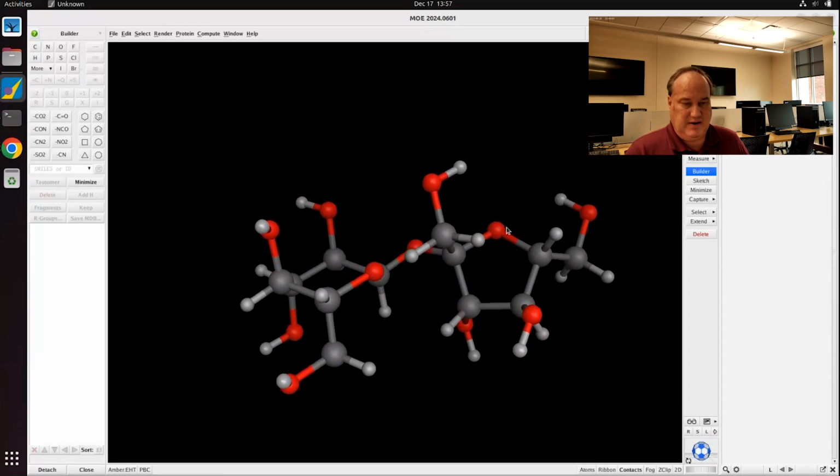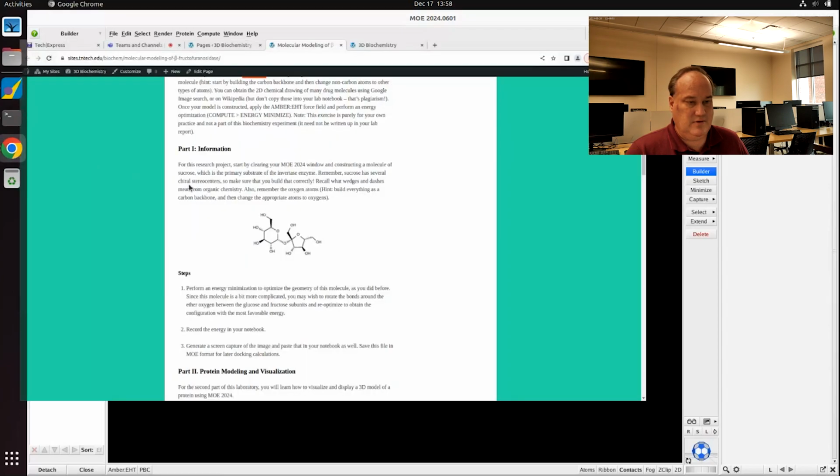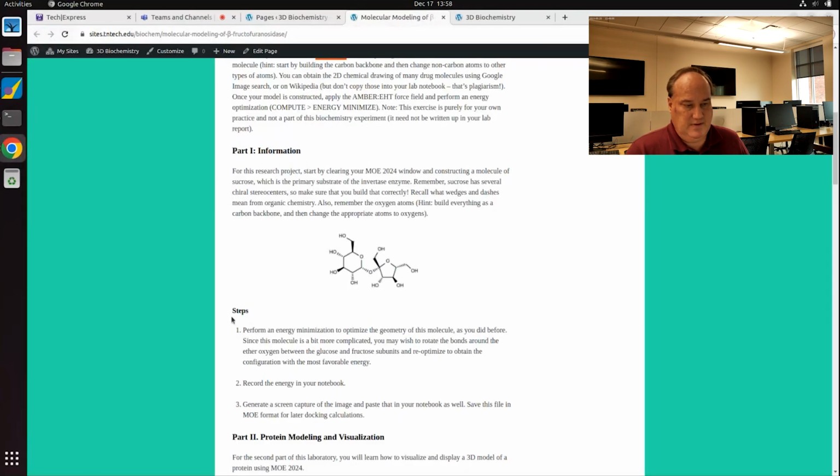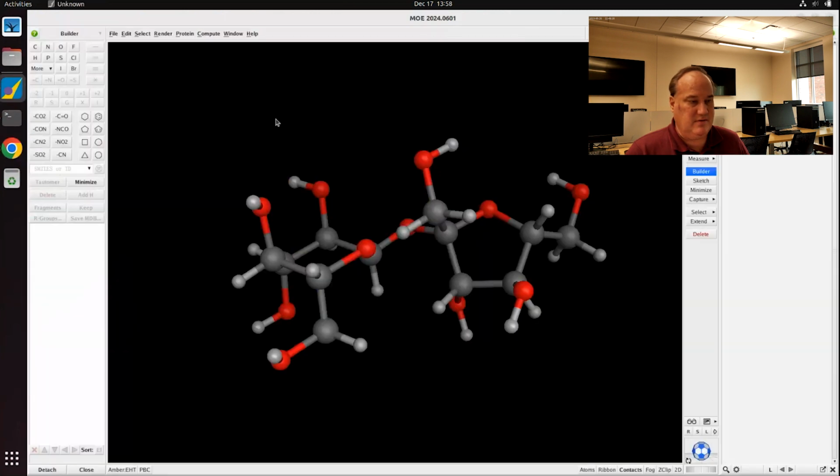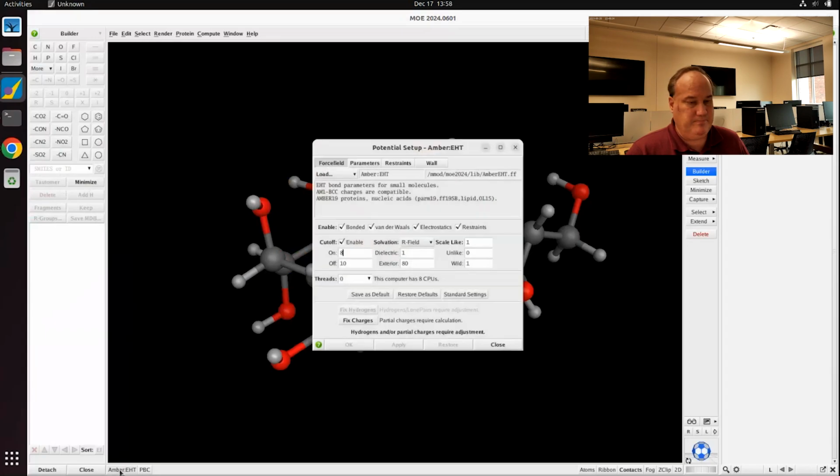Of course, it's not been energy minimized, so step 1 here, perform an energy minimization. We're going to use the Amber EHT force field to energy minimize by going to compute and energy minimize, right? So we need to click down in the lower left-hand corner. There's Amber EHT. We fix charges.